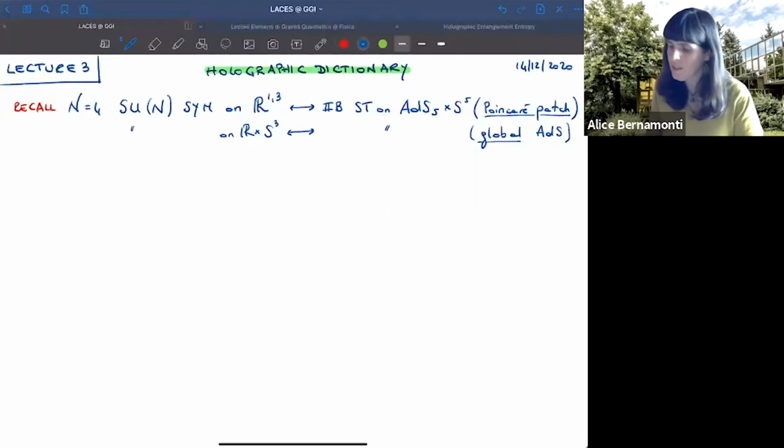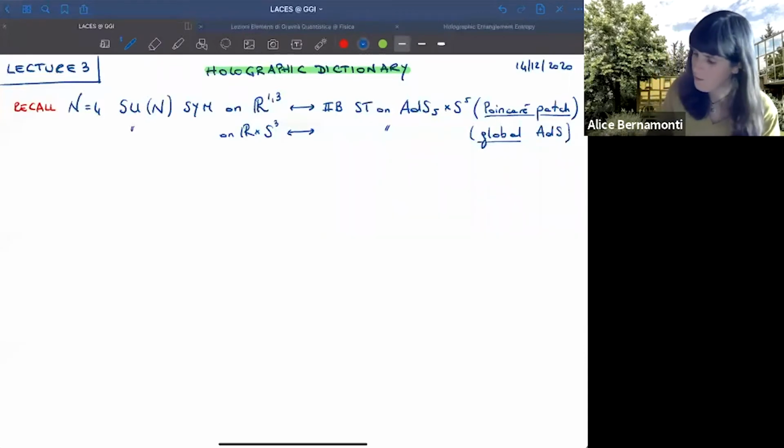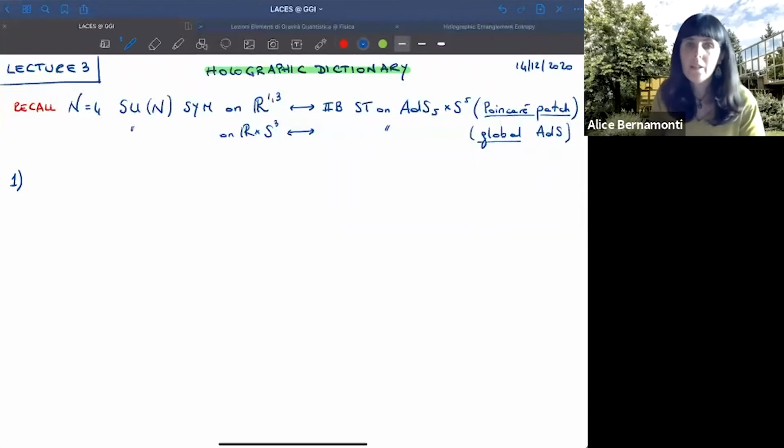This is essentially the main reference example that I will use to then try to extrapolate the dictionary to more general theories. The first entry of the dictionary that I want to see is the so-called IR-UV connection.